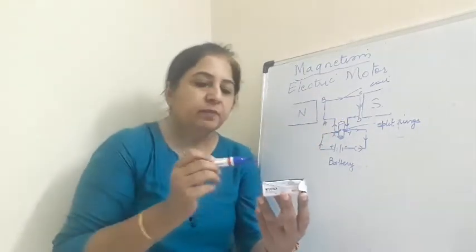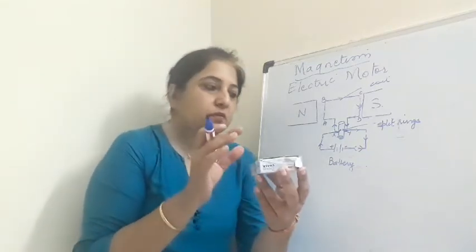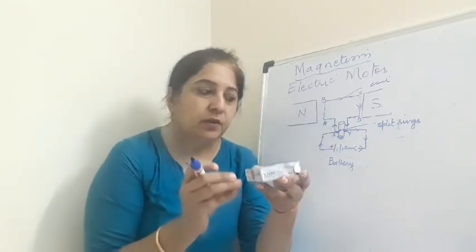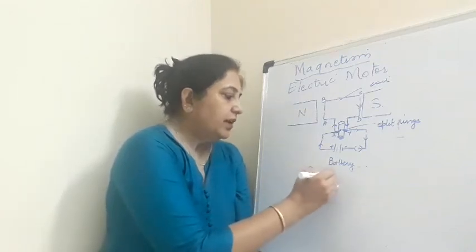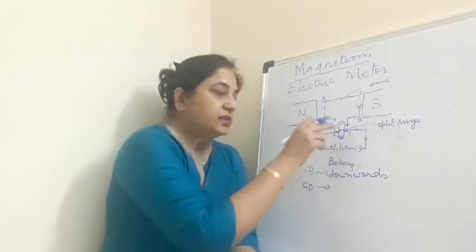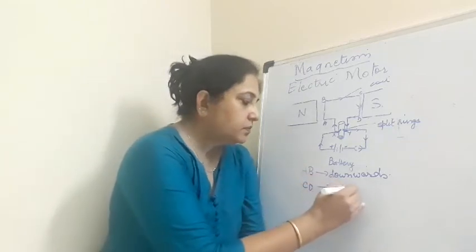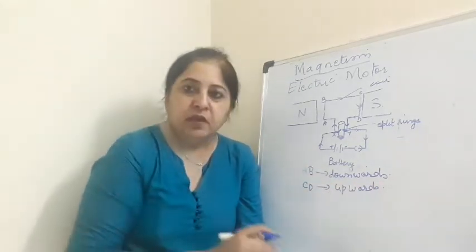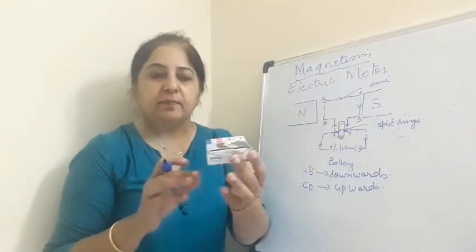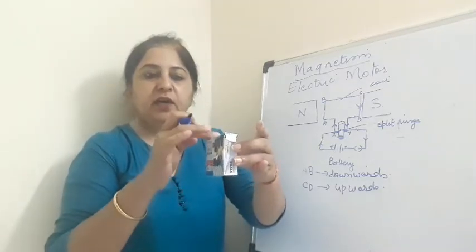According to Fleming's left hand rule, when we find the direction of the force at AB, the direction comes out to be downwards. And when we apply the same rule on this side, the CD part, we see that the direction is upwards. So what happens when the force is acting in opposite directions? The coil starts rotating, and the rotation begins with AB moving downward and CD going upward.